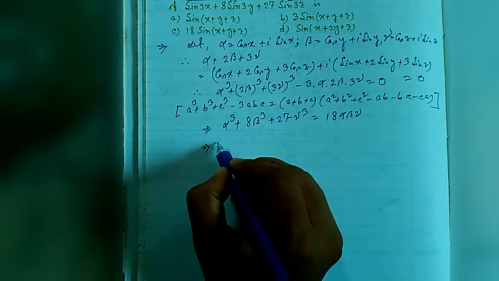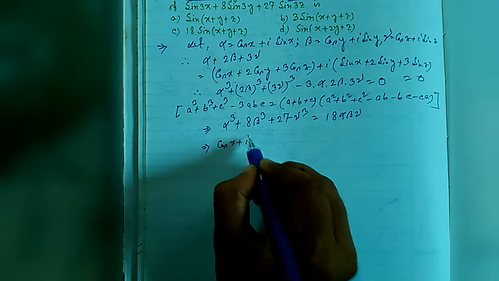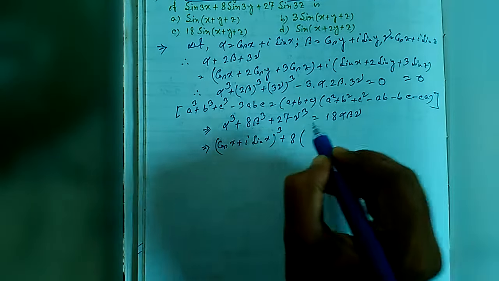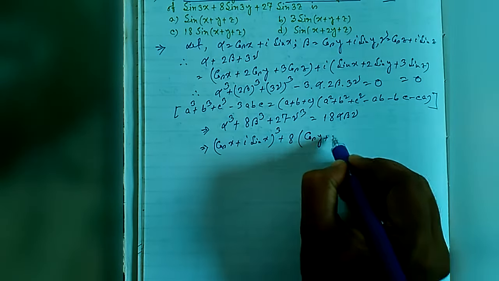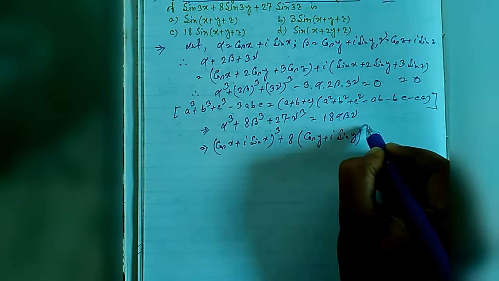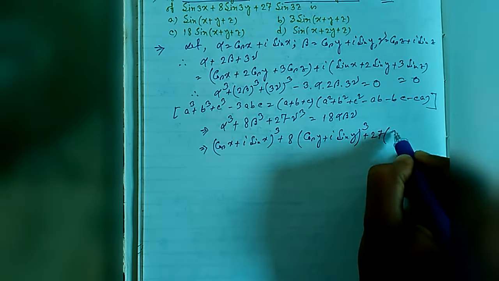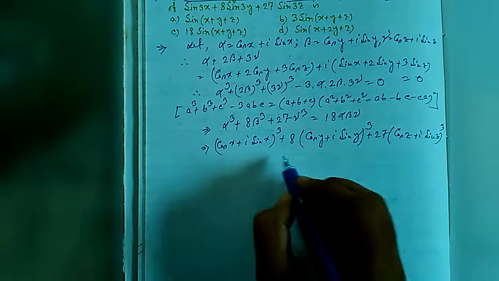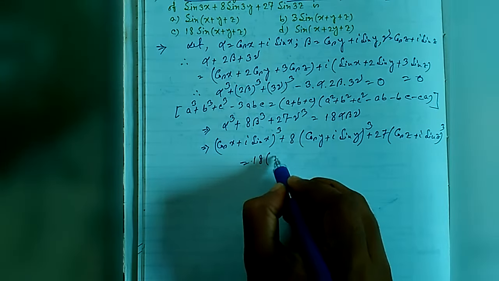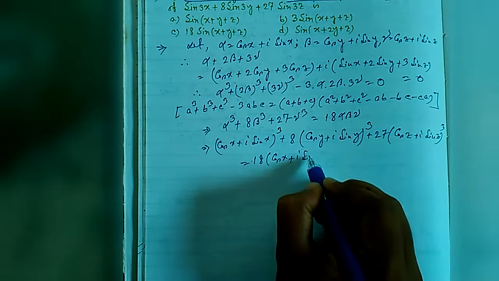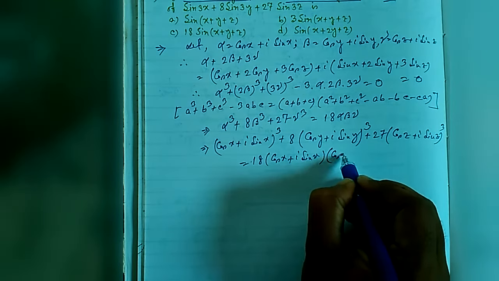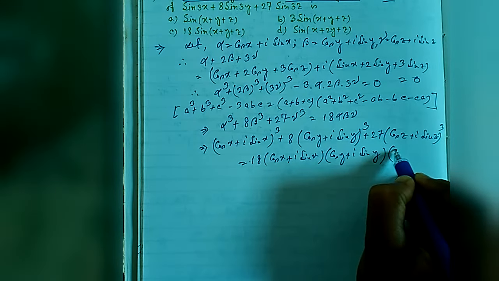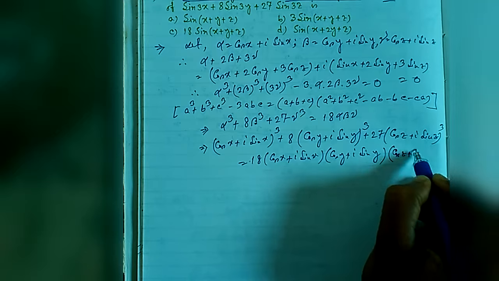So alpha cube means cos x plus i sin x whole cube, plus 8 times beta cube, meaning cos y plus i sin y whole cube, plus 27 gamma cube, meaning cos z plus i sin z whole cube, equal to 18 into cos x plus i sin x into cos y plus i sin y into cos z plus i sin z.